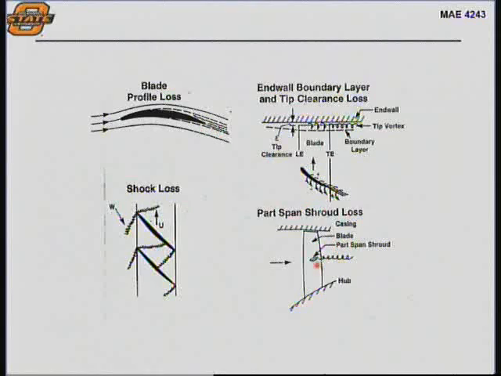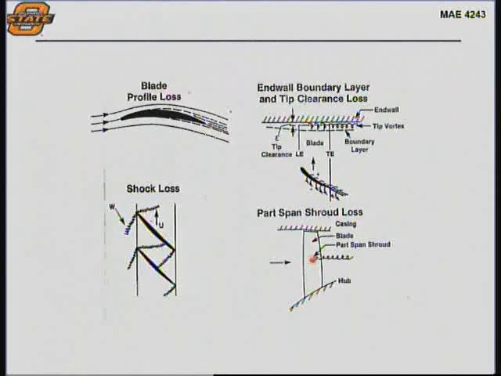The part span shroud is a little piece that's put in very large fan blades when they were made out of pure metal and steel early on. They needed to have structural rigidity added by these little shrouds that will almost touch or physically touch the blade next to it, and that's to help dampen some of the vibratory problems that might occur in these large blades.